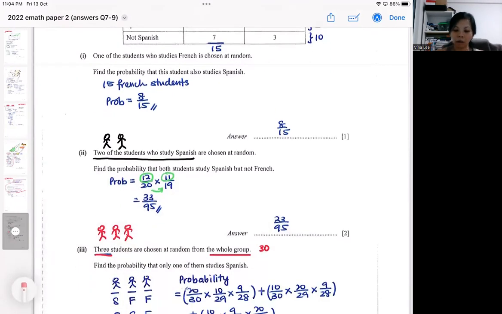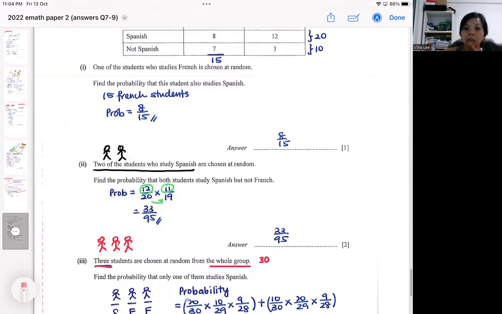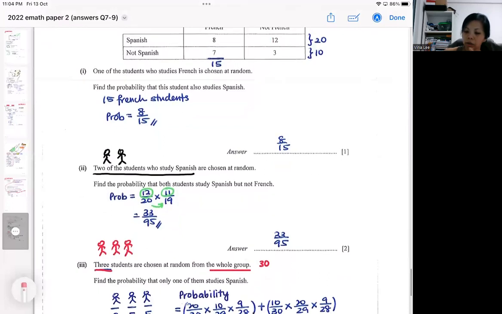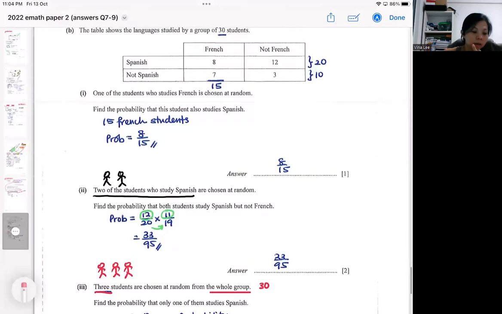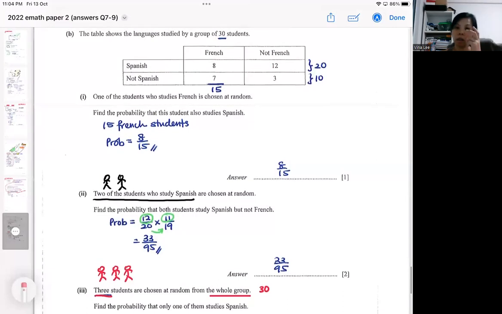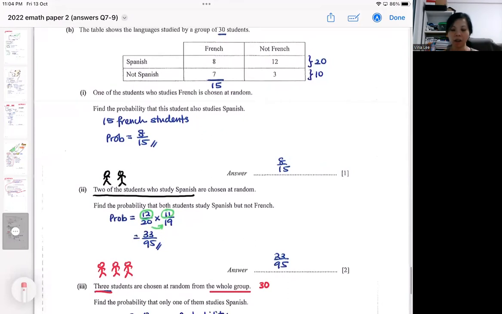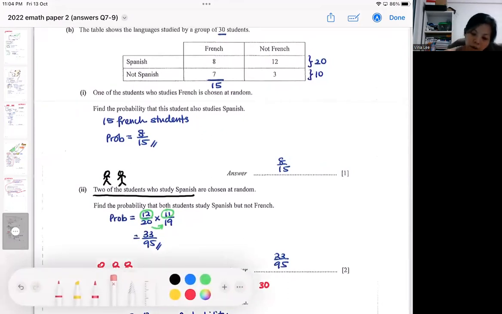Okay, and then out of the 3, only one of them studied Spanish. So the implication is the rest will be not Spanish. So I am targeting this.